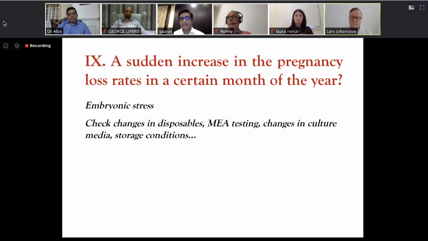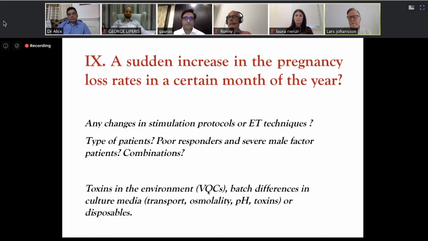Yeah, exactly. It must be some more environmental things, or it could be drifting in equipment. So it's a lot of things that can go wrong. So you really think that VOCs can have far-reaching consequences on sustaining pregnancy? Yeah, I've seen that. For instance, we had a helicopter pad where the ambulance helicopters come in, and it came into the lab, and the results dropped immediately.